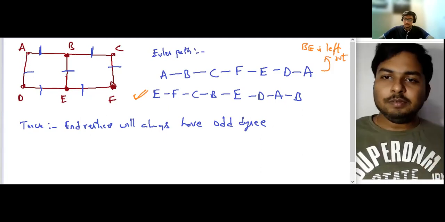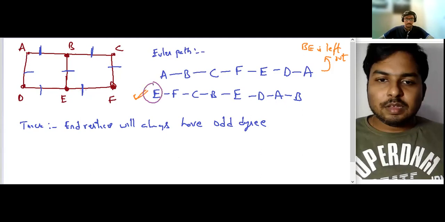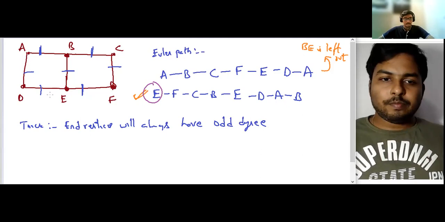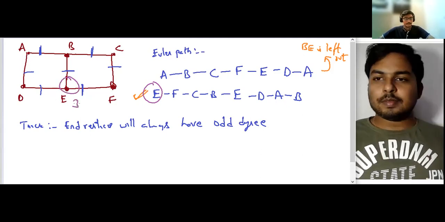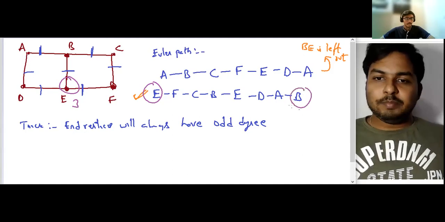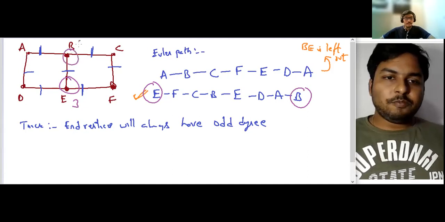For example, here I have started with E. What is the degree of E here? 3, right? Yes, sir. And what is the degree of B? B is also an end vertex. Degree of B is also 3.